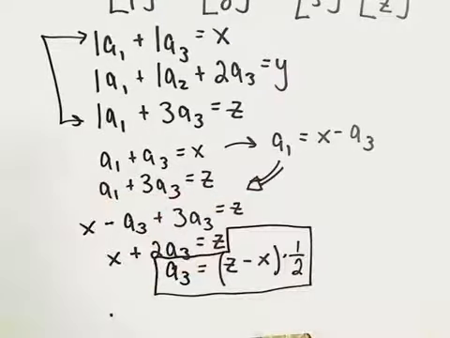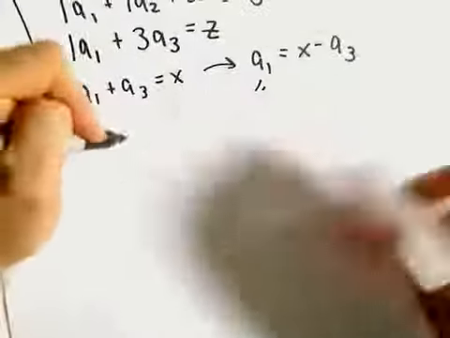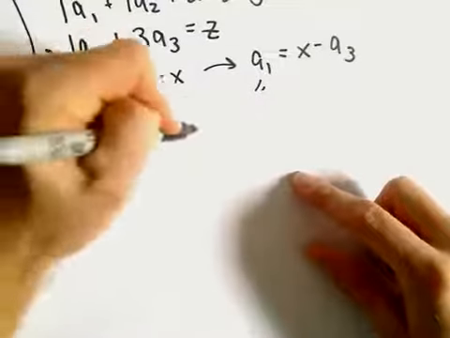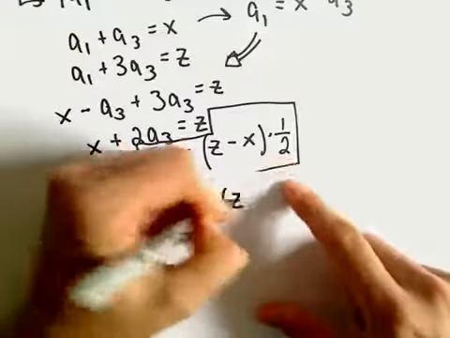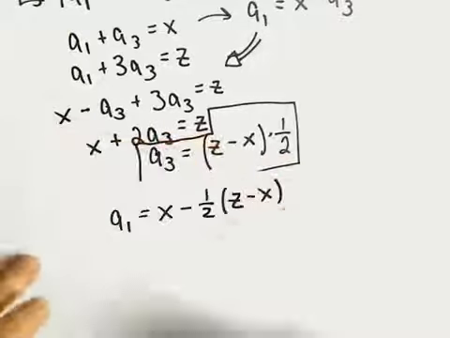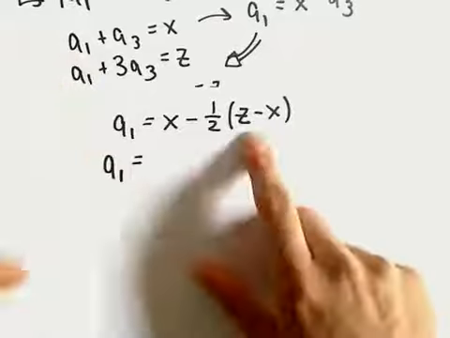Okay, so that's one thing that's going to be useful. Well, now I'm just going to plug that back into our other equation. So we said a1 is going to be x minus a sub 3. Well, let's plug that in. We've got 1/2 times z minus x. And again, I'm solving for a1 here. I've already got it solved, I'm just going to simplify.